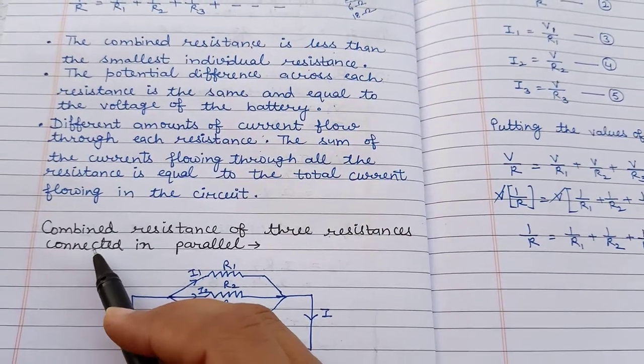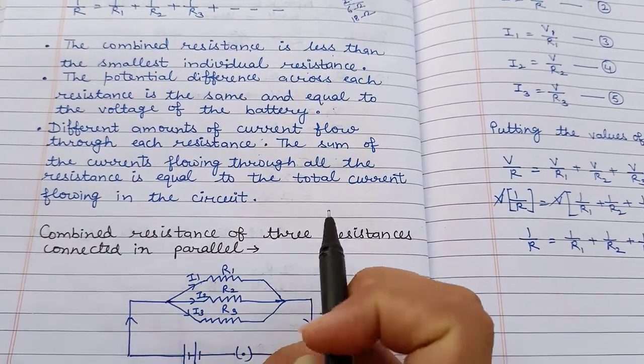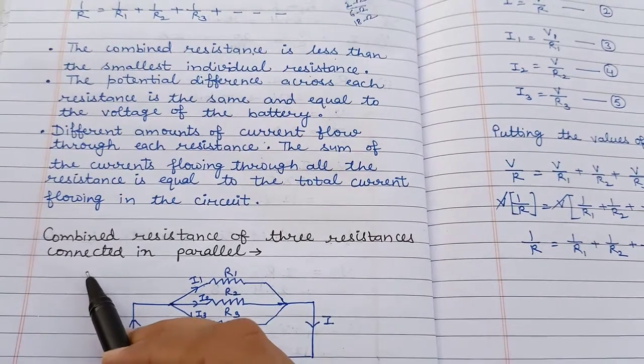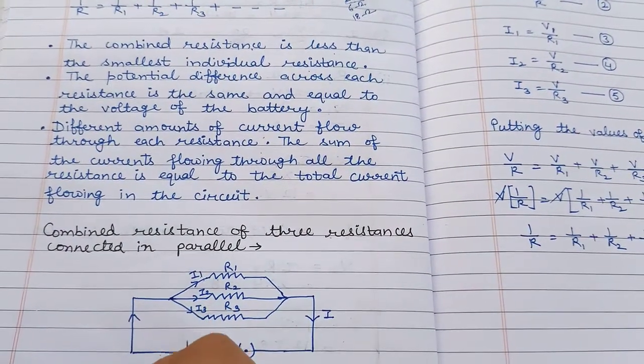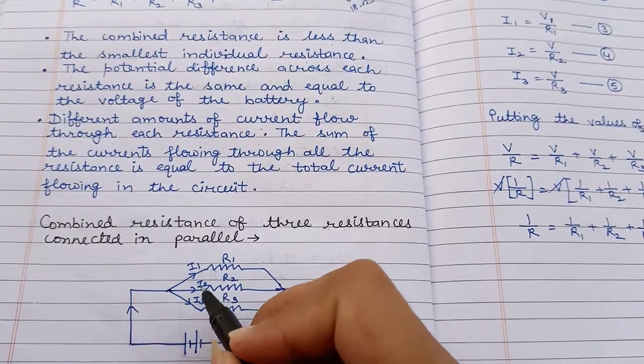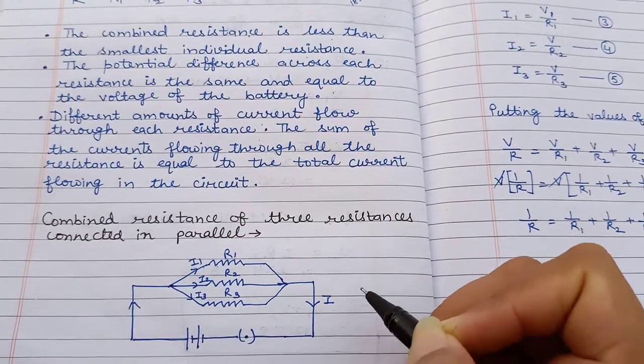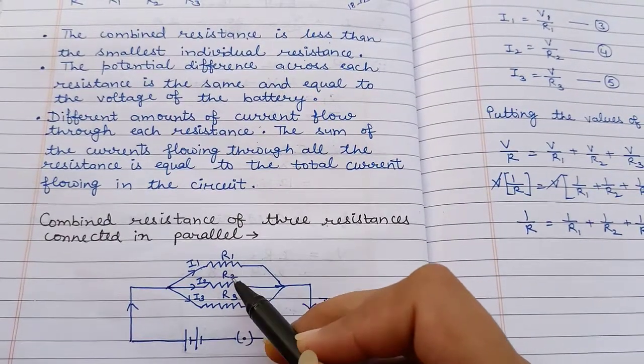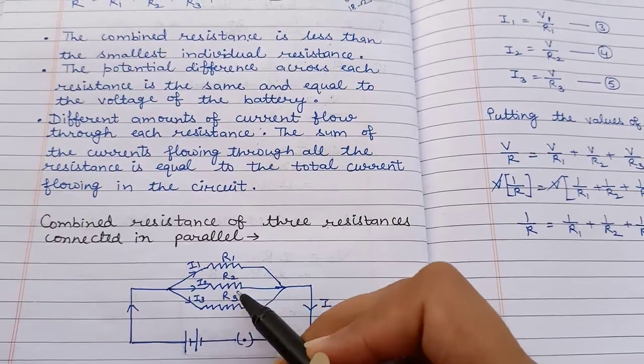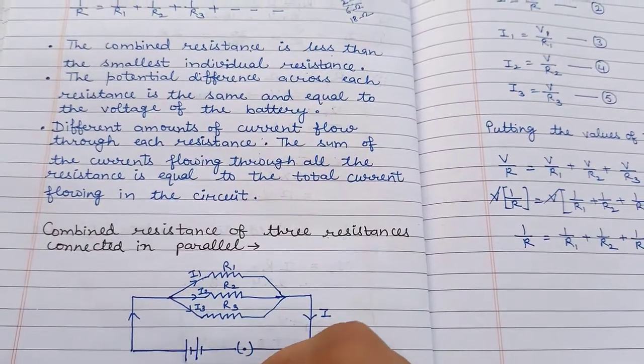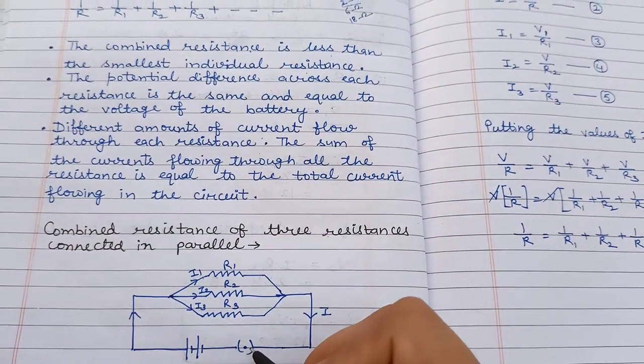Now this is the derivation for the combined resistance of three resistances connected in parallel. For this derivation we need to draw this diagram, and the three resistors R1, R2, R3 are connected in parallel along with the battery and a key.